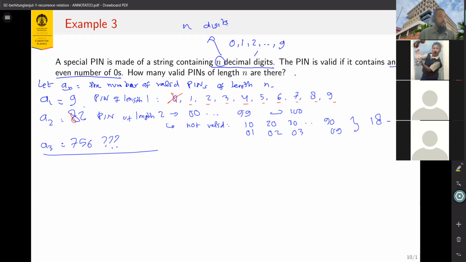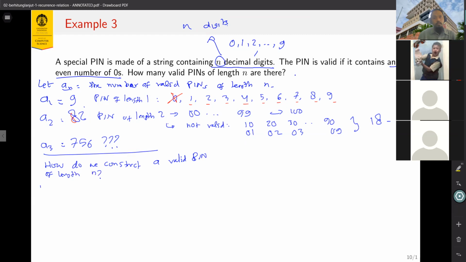So the question is, how do we construct a valid pin of length n?